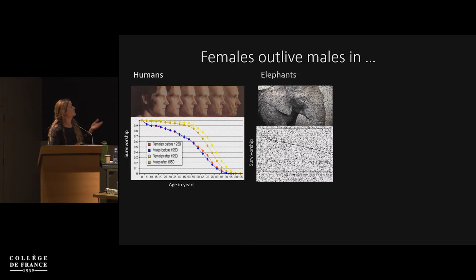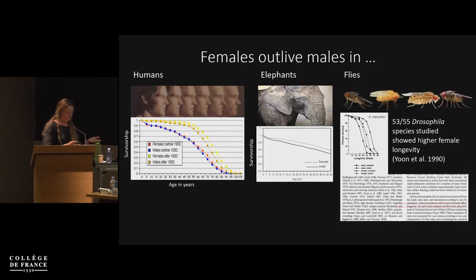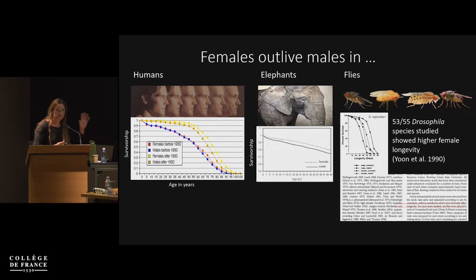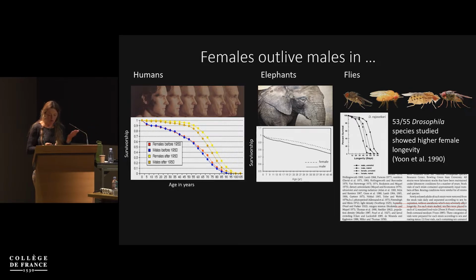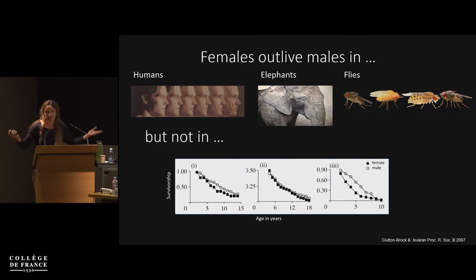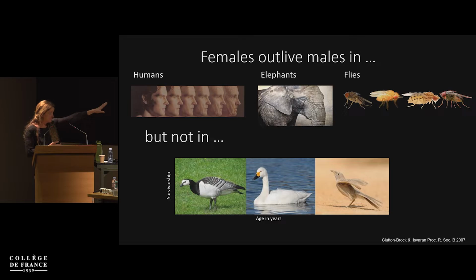And what's true for humans is true for the elephant, and is true for a large number of Drosophila species. So in general, males seem to be living shorter than females, but that's not a general pattern. It's not always males outliving females. So there's some cases where males, in this case, the open circles, are actually living longer. But in this study, all the longer-lived males are birds.